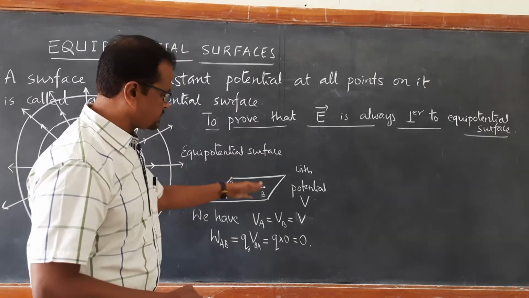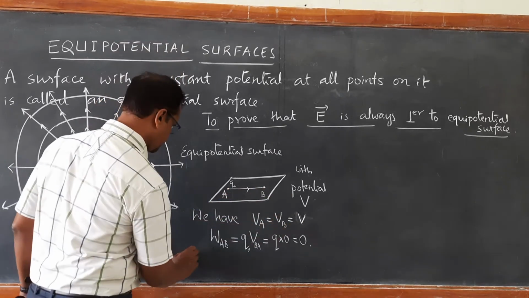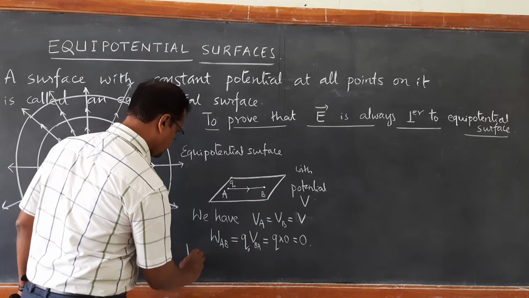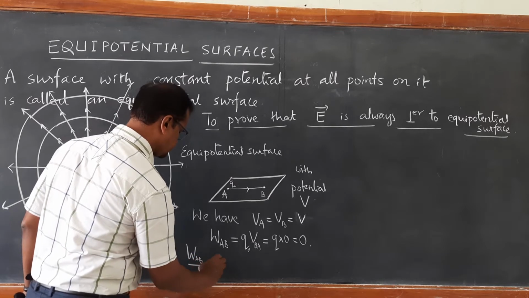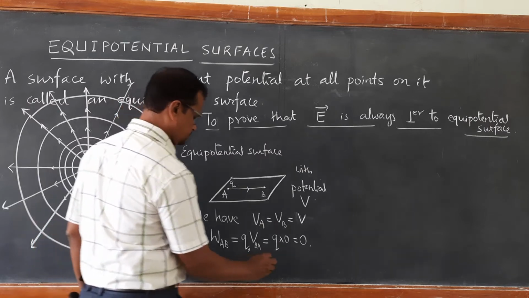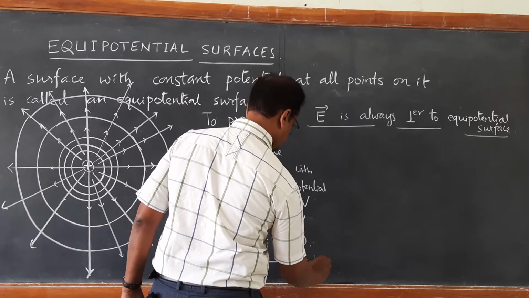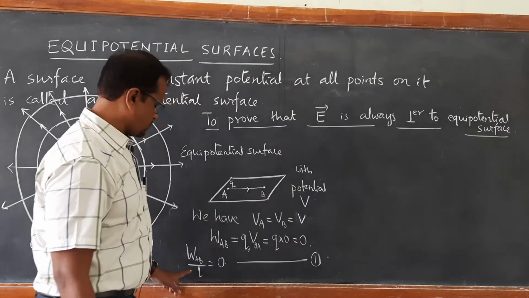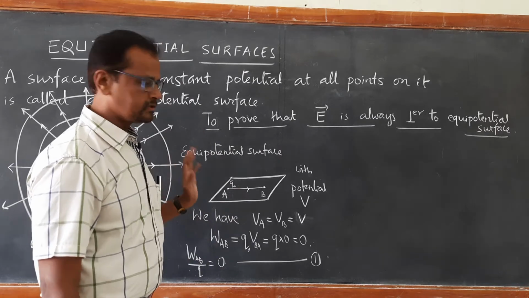Work done per unit charge in moving from A to B is also 0. Call this equation 1. So, work done per unit charge is 0 because potential difference between A and B is 0.